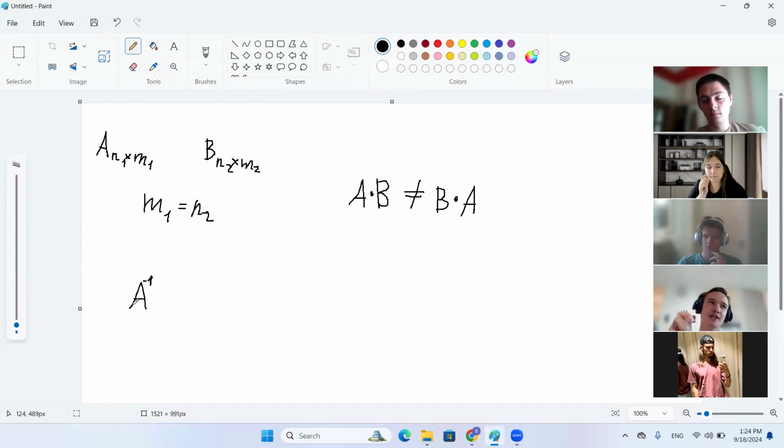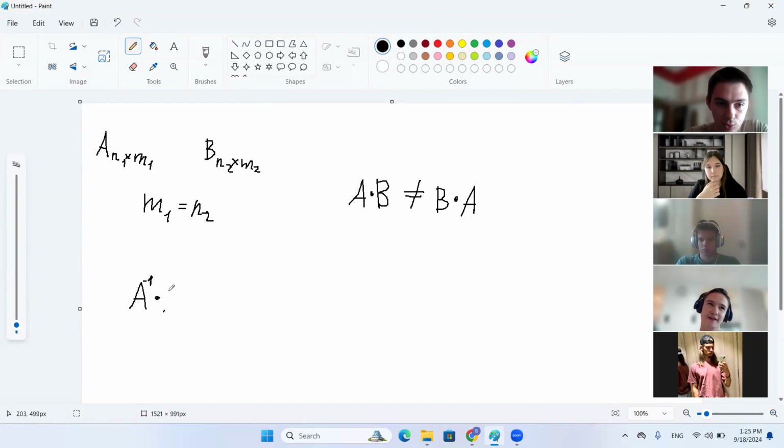But we should also check the condition that our base matrix times inverse matrix is equal to identity matrix.